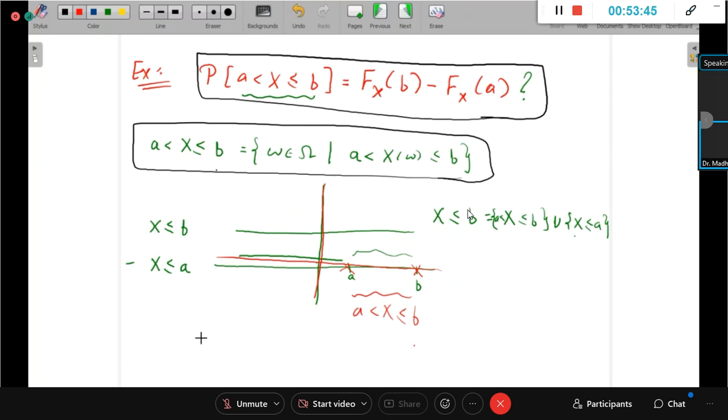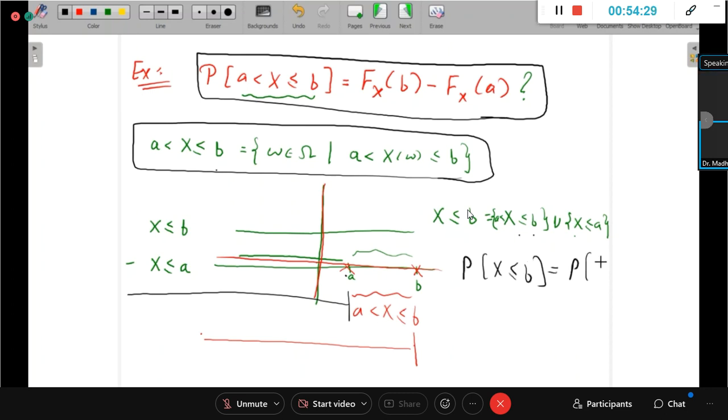So a less than X less than or equal to b is here. Now, this is nothing but X less than or equal to b, the complete one, till here. And till here, it is X less than or equal to a. So I can write X less than or equal to b as a union of these two: X less than or equal to a, plus a less than X less than or equal to b. Plus here means union. But both are mutually exclusive.